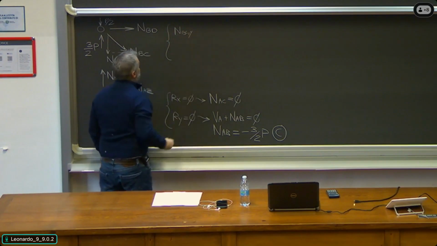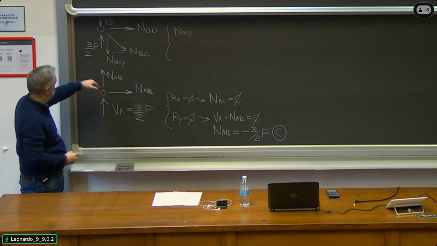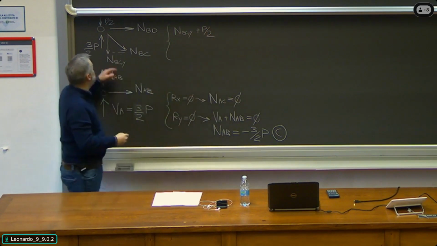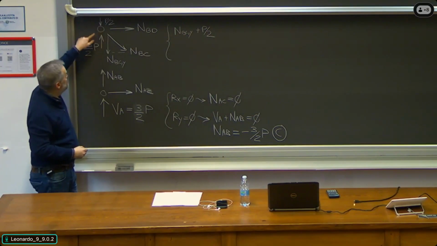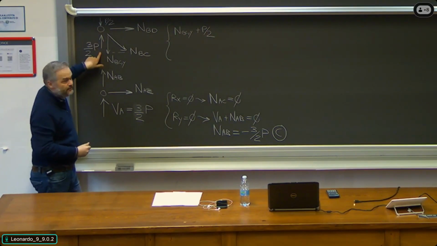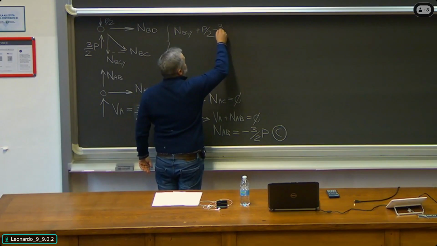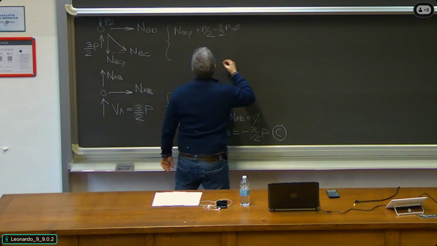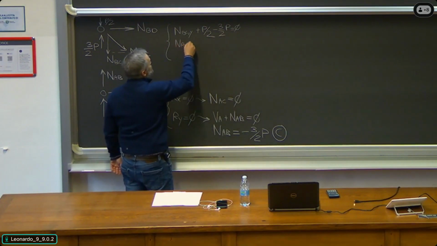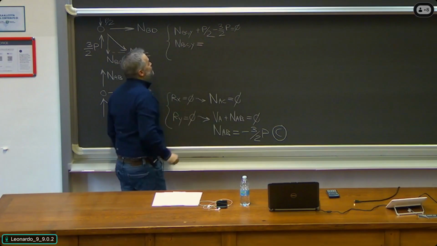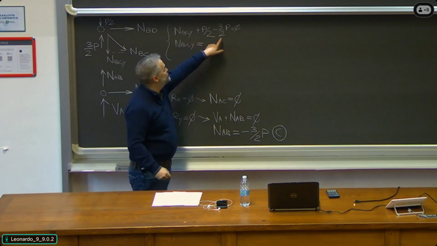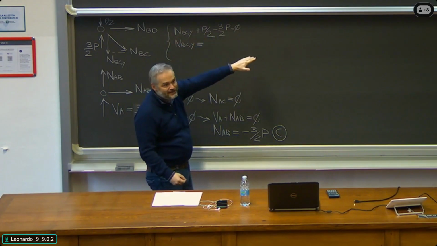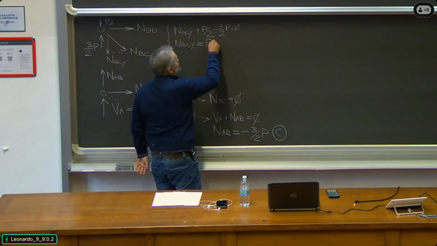NBCY, which acts downwards, plus P divided by 2, which is this load applied, minus 3 divided by 2P, equal 0. Thereby leading us to NBCY equal to P divided by 2 minus 3 divided by 2P, which is minus P. On the right side of the equation it becomes P.